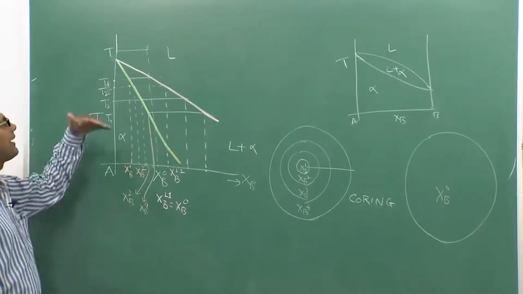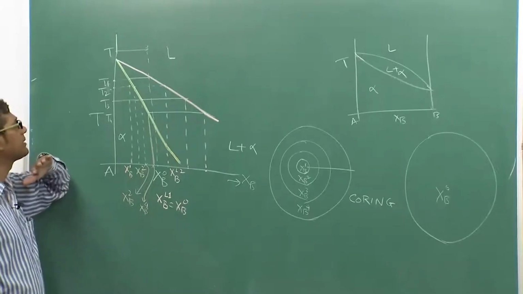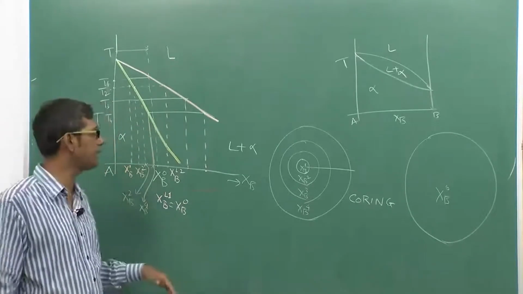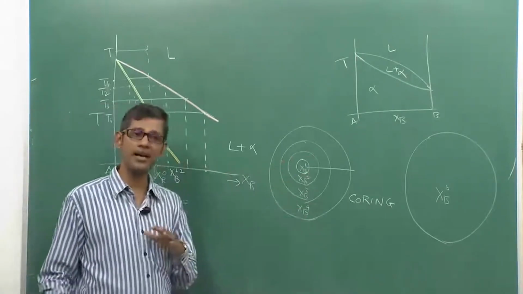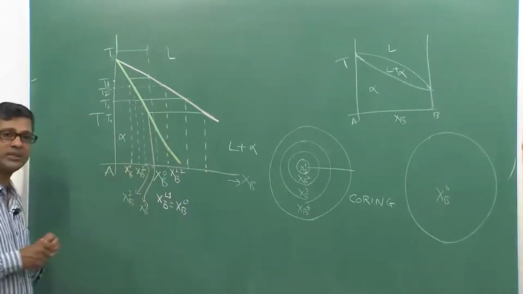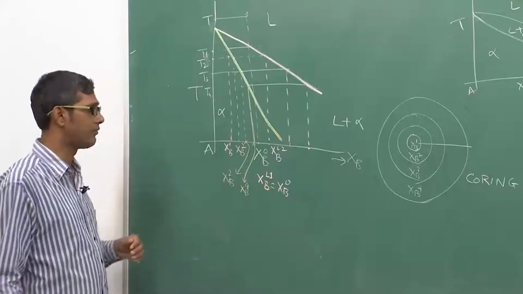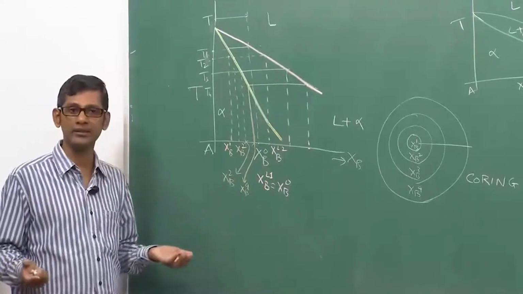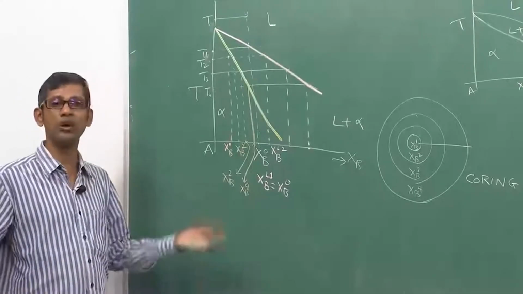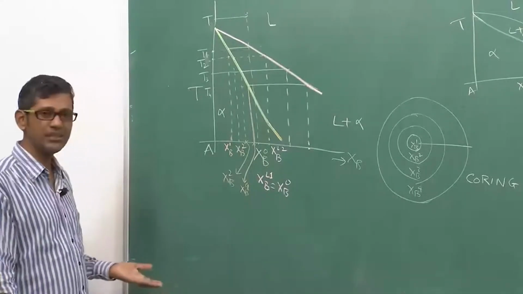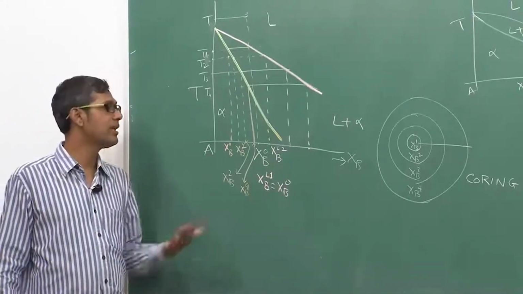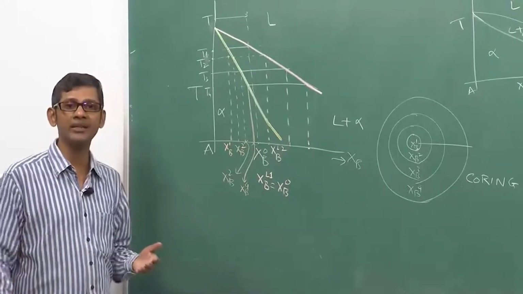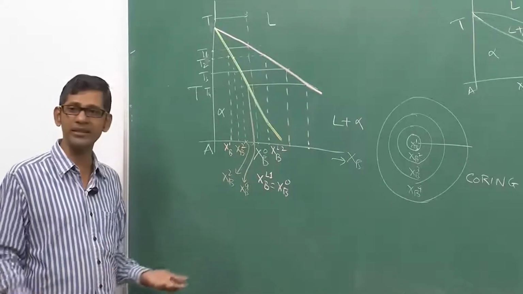In equilibrium, this is what is done. It is done at a slow rate. The sample is kept at the temperature of T1, T2, T3, T4 for a sufficiently long time. These compositional differences are annihilated, completely taken care of. But in the actual situation, normal solidification, we cannot do that. We cannot keep the system for a sufficiently long time, because in industry or even research laboratories, an experiment has a time scale, and that time scale cannot be infinity, because there is production loss or many other things can happen.